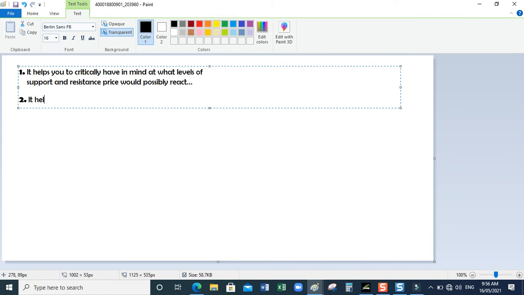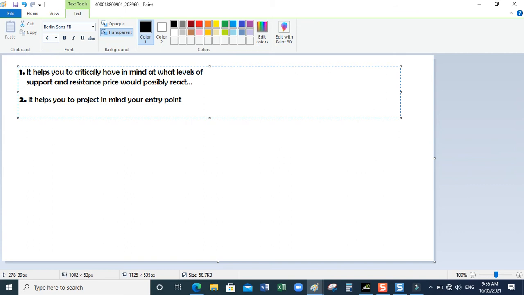Even if you are not around, when you get the Fibonacci levels in place, you can fix a pending order.